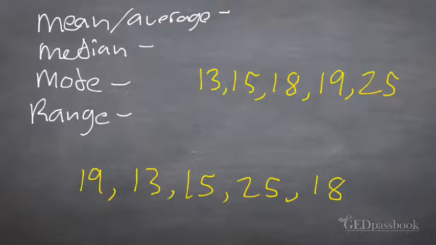What's the middle number? Well, those ones are gone, right? That's the middle number right there. So I got 2 here, 2 there. This is the middle number. 18. Wow, we're getting 18 as the majority of our answers. So 18 is the median.